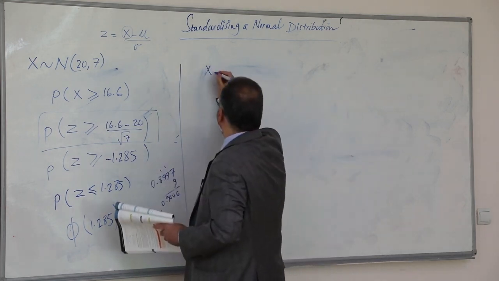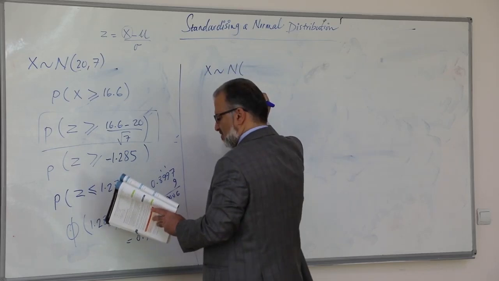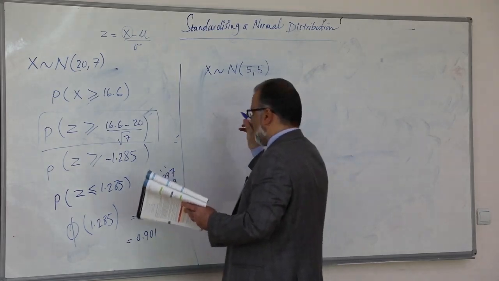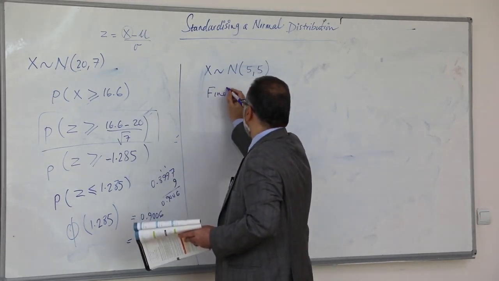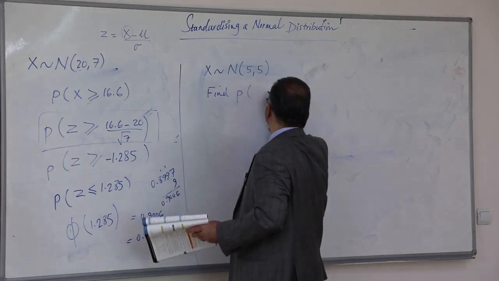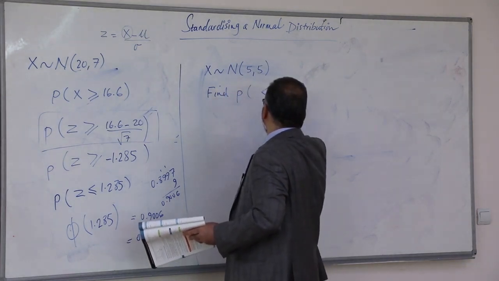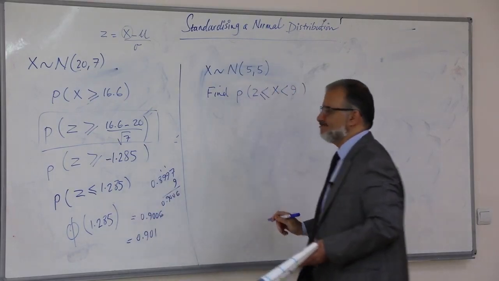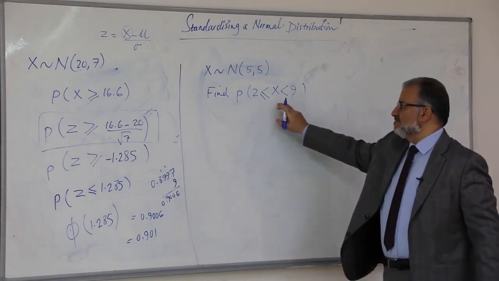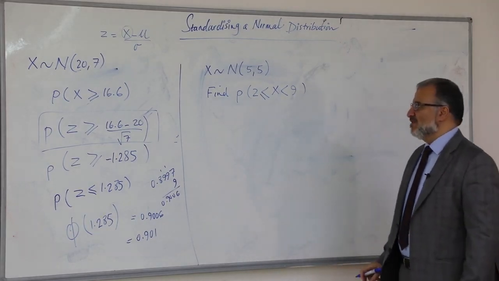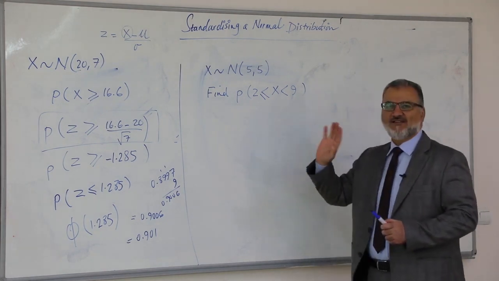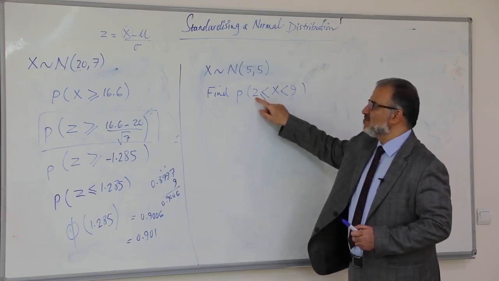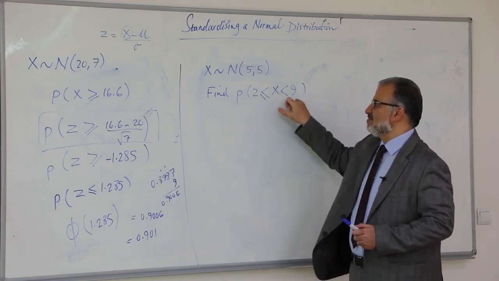If you have a continuous random variable that follows a normal distribution with mean 5 and variance 5, find the probability of that one. So what we have to do is go through the standardization process by changing X into Z, and we have to change these values because these are written in terms of X.